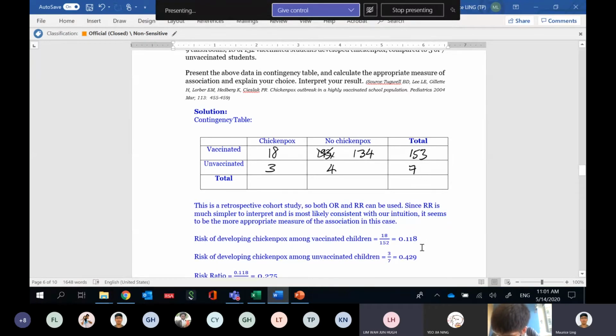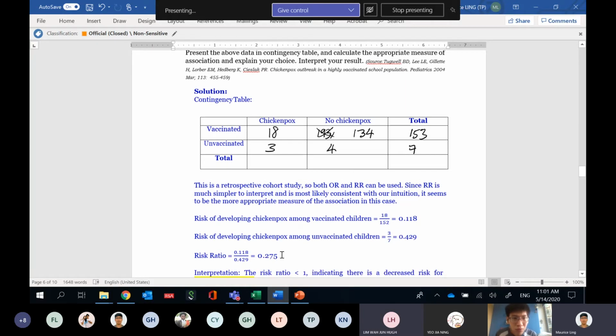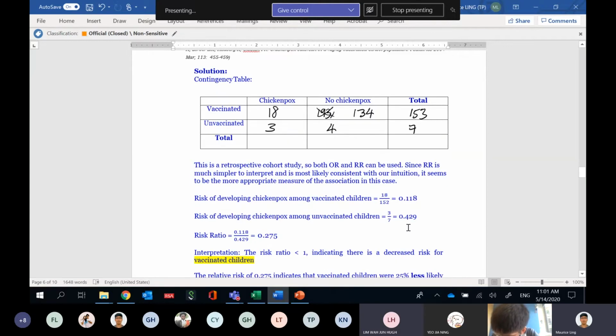So the probability of developing chickenpox among unvaccinated is about 43%. Means that the risk ratio, or the relative risk, is 0.275. What it really means is if you are vaccinated, you have a much lower chance of getting chickenpox.